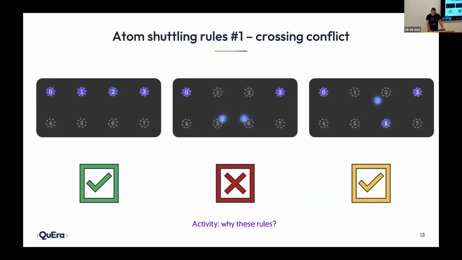I guess it's probably not too hard to imagine why this one costs yellow marks instead of green marks. Any opinion on why? Steps. Two steps, but what happens in two steps?